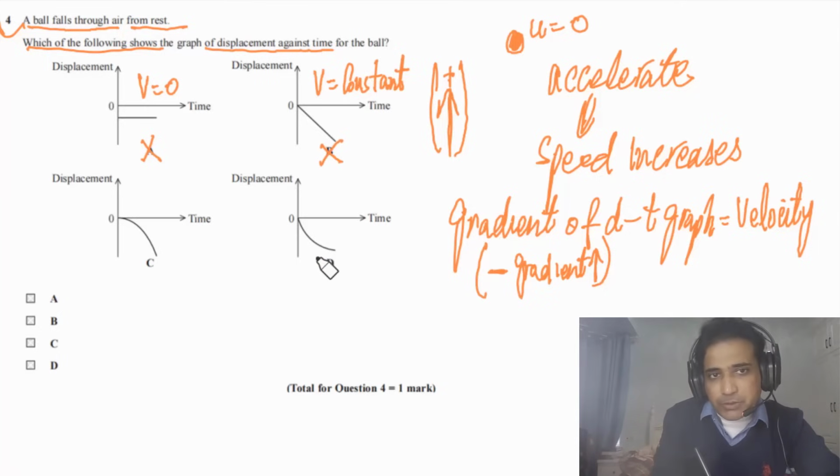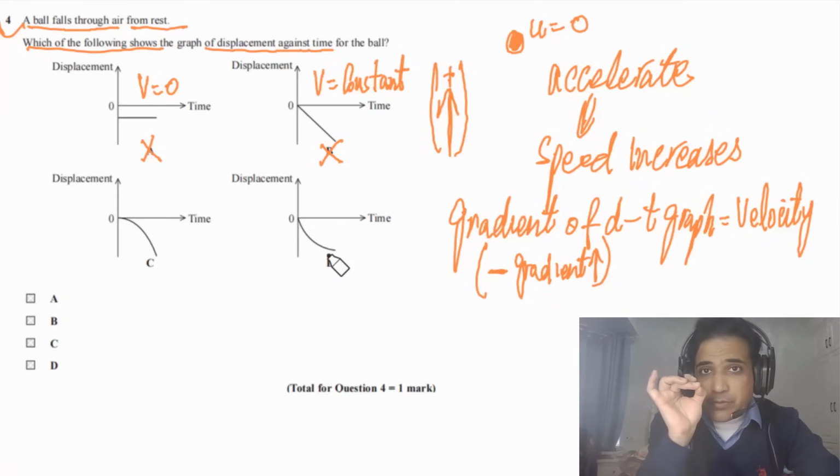Now if you look at option D, the gradient of this one is decreasing, so this is telling us speed is decreasing. Even if we consider the effect of air, speed is increasing. Speed will reach a terminal velocity, but speed is not decreasing. Acceleration is decreasing, but the speed is not decreasing.